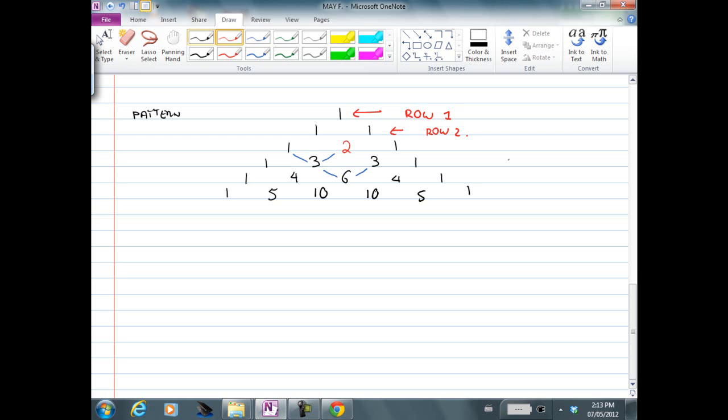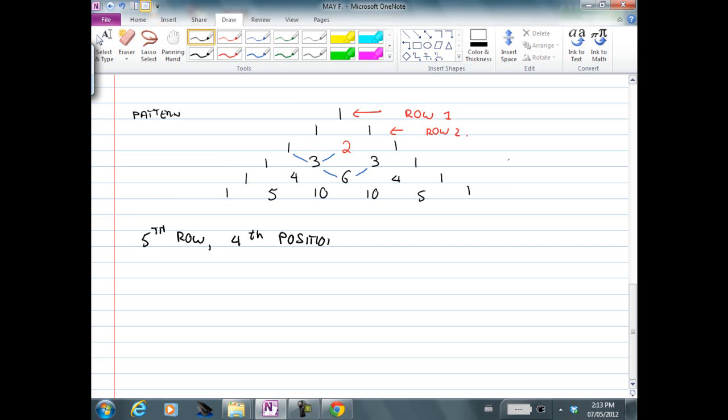Now, in terms of position, we know this is the first position, second position. If I ask you, what number is on the 5th row, 4th position? What number is it?